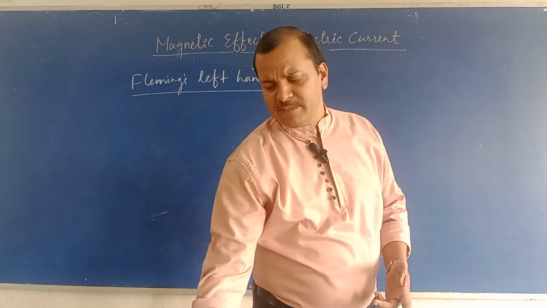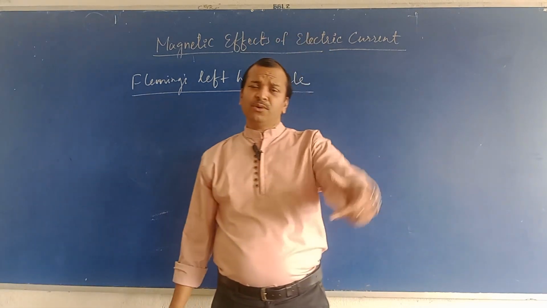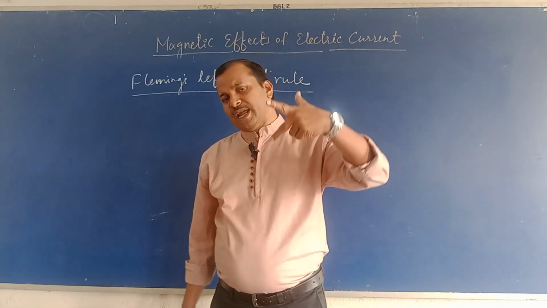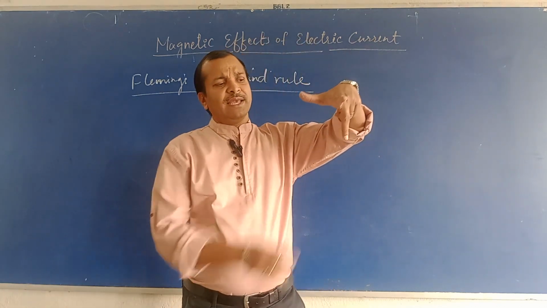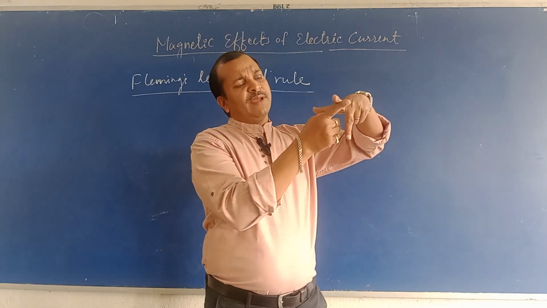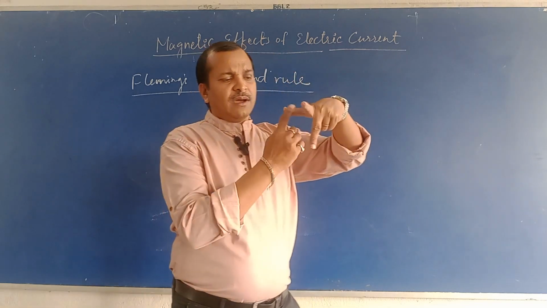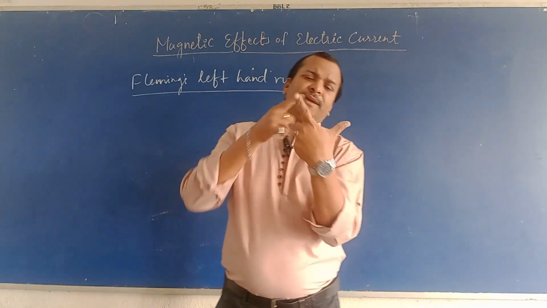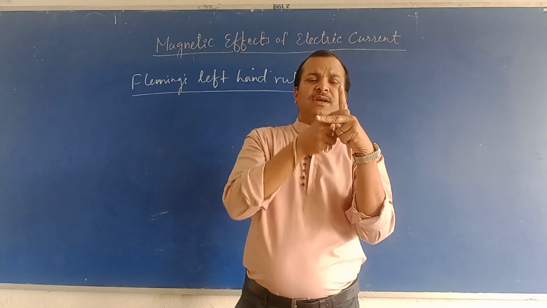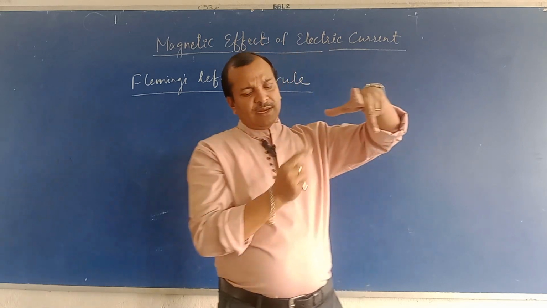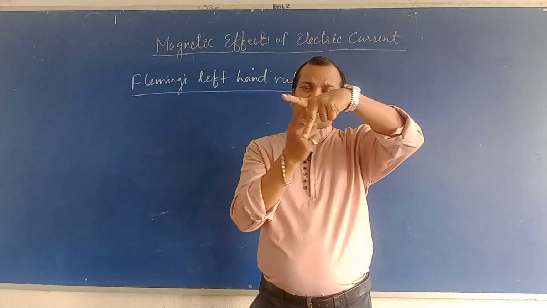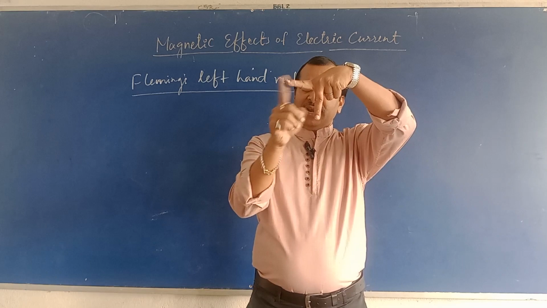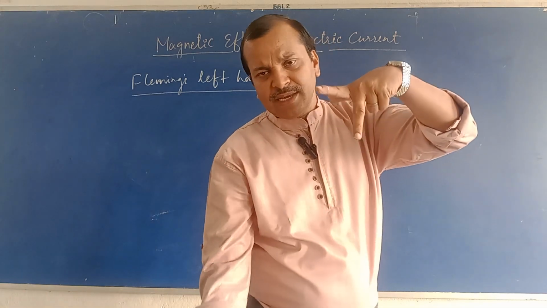You have to take your left hand like this, with the thumb, forefinger and middle finger at 90 degrees to each other, from every side. The thumb is force, the forefinger is magnetic field, and the middle finger is current. Is it clear?